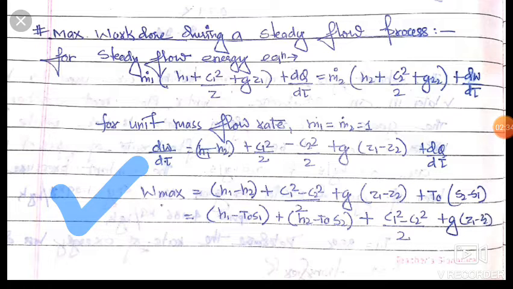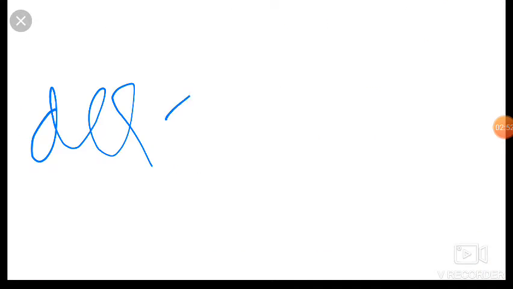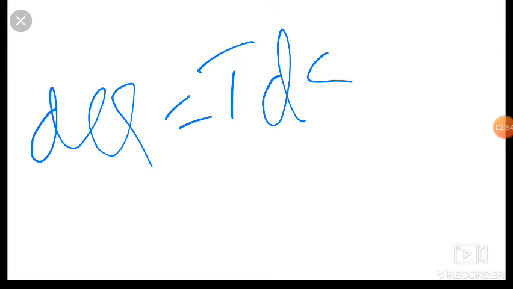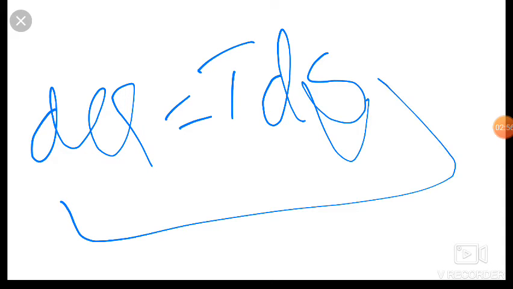So what we get here is h1 minus h2 plus c1 square minus c2 square upon 2 plus gz1 minus gz2 plus T naught (s2 minus s1). We know that dq is equal to T ds, so we use this equation.